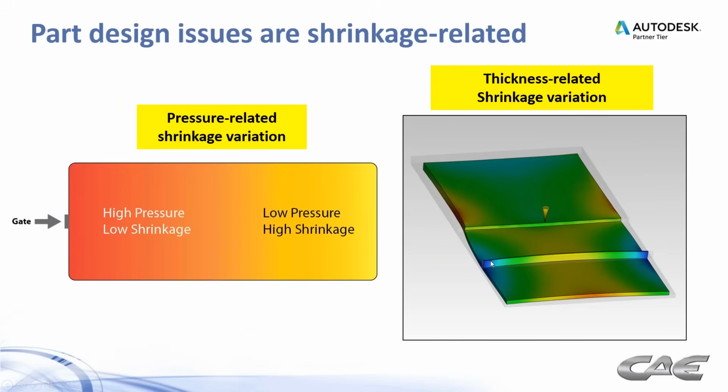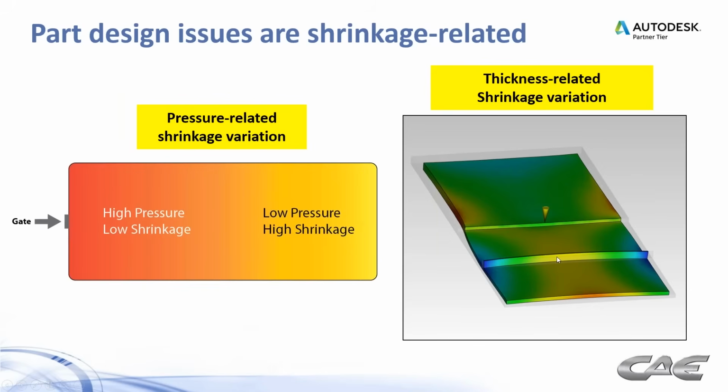Also notice that the even thinner rib is bending the part down. It wants to hold its length because it shrinks less than the wall that it's attached to, so it's trying to bend that part down to maintain its length.